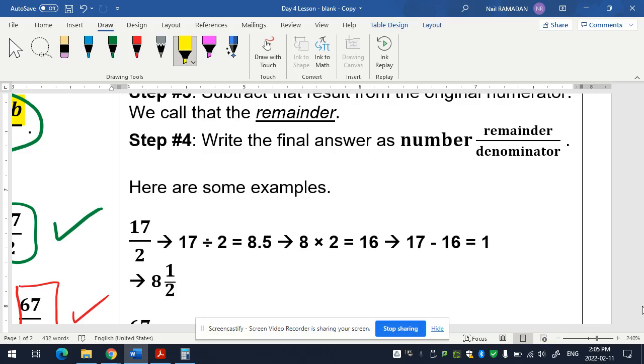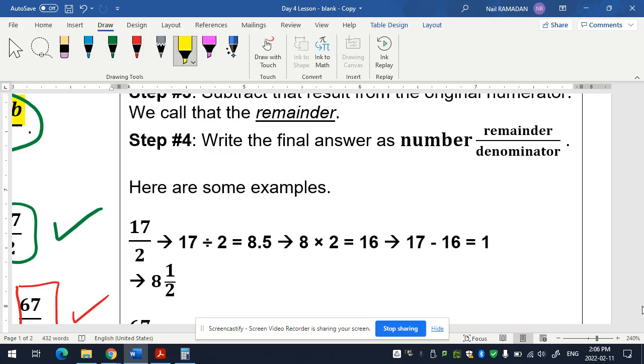So 17 over 2 is 8 and 1 over 2. Look, everyone. The number is 8. The remainder is 1. The denominator is the same as the old denominator, which is 2.